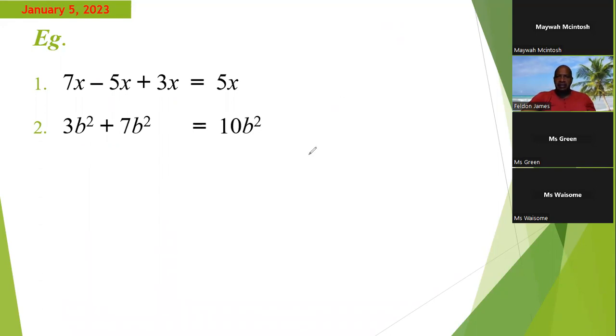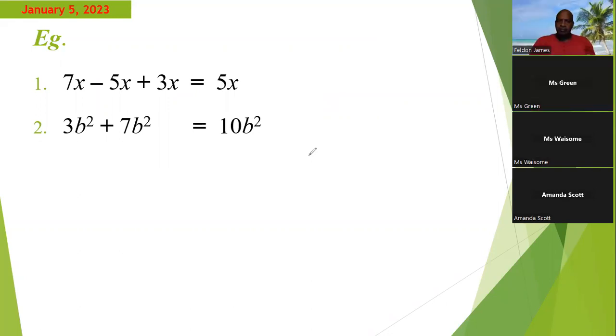I see your hand still raised. No, sir. Okay. All right, so once you can identify that the variables are the same, you simply add the coefficients. So 3 plus 7 gives you 10. And you put back the variable beside it.